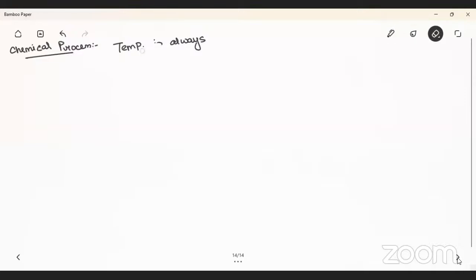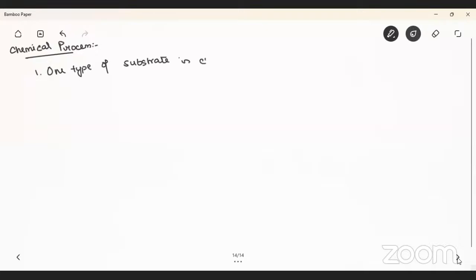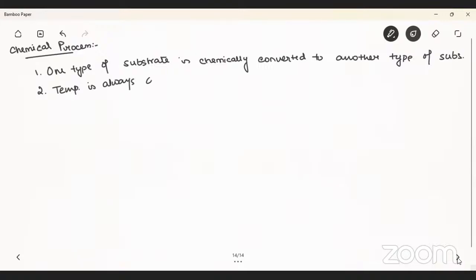Let me write all the properties here. First, in a chemical process, one type of substance is chemically converted to another type of substance. Next, during the chemical process, the temperature is always constant.